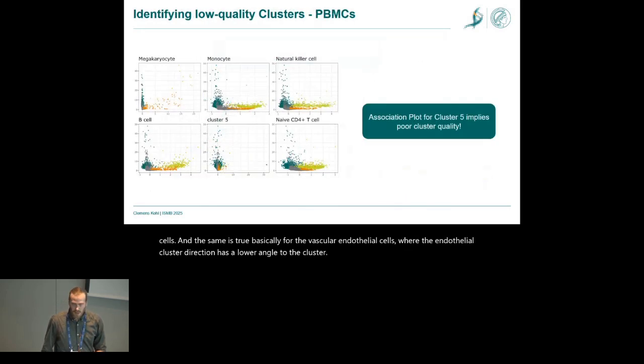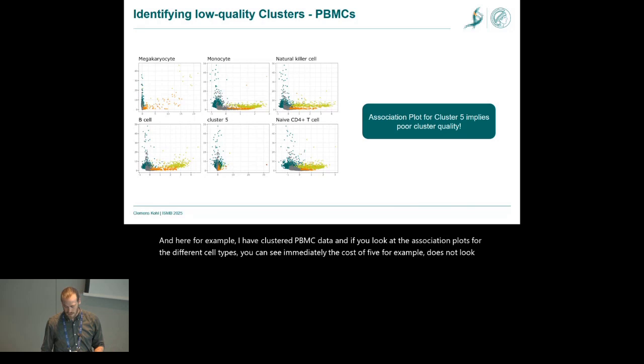In the beginning, I told you one of our goals was to help you evaluate cluster quality. And here, for example, I have clustered PBMC data. If you look at the association plots for the different cell types, you can see immediately that cluster 5 does not look like the other clusters.